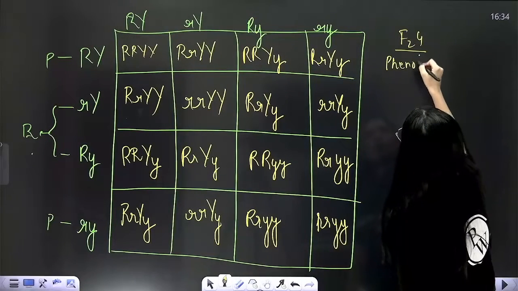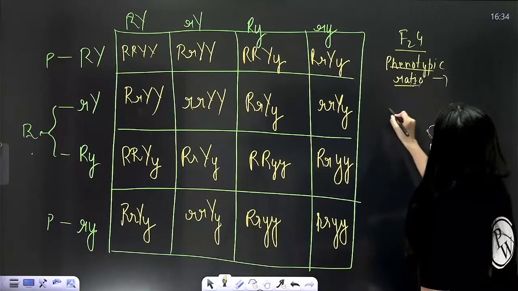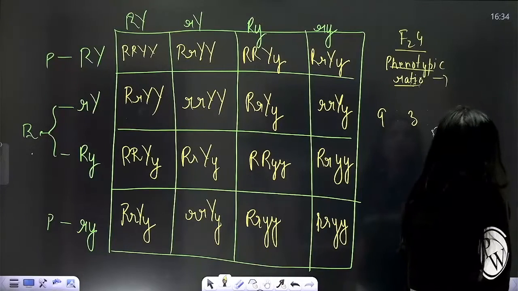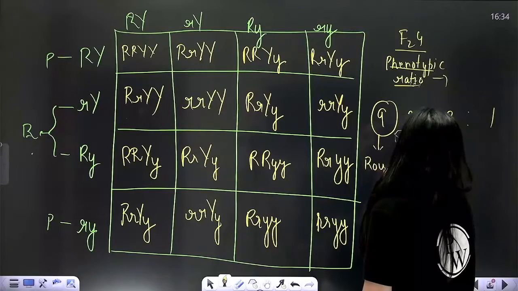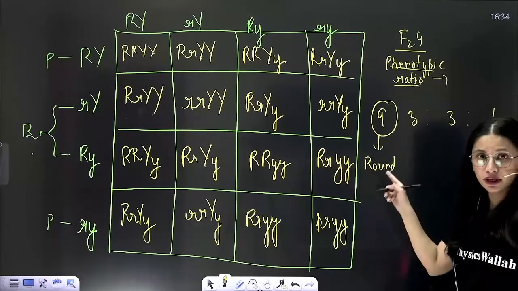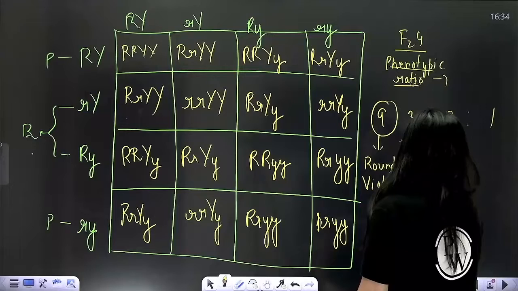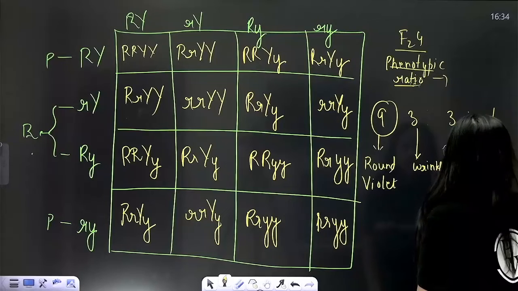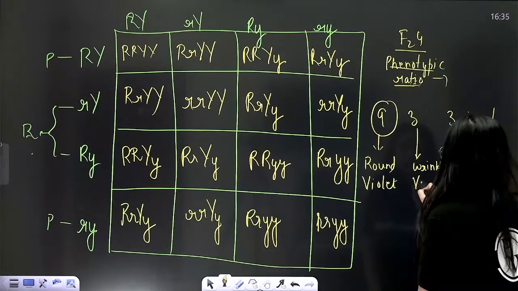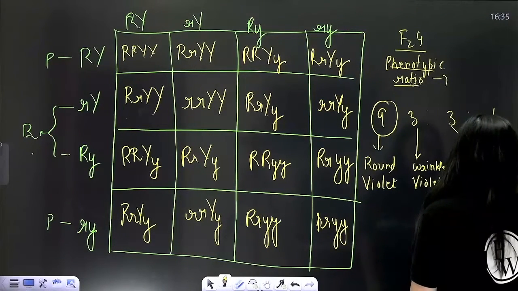So after doing all this F2 generation zygotic arrangement, the phenotypic ratio for the F2 generation which Mendel obtained was 9:3:3:1, where 9 offspring were having, I'll prove it with the help of the box also, but first I'll write, round and violet flowers. 3 were having wrinkled and violet flowers. 3 combinations were having round and white flowers.